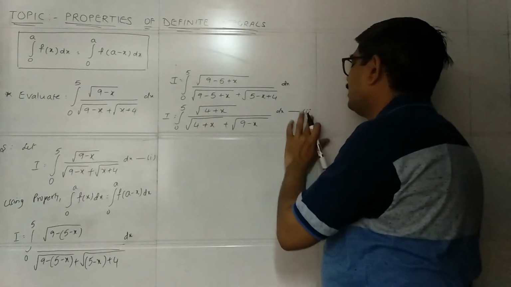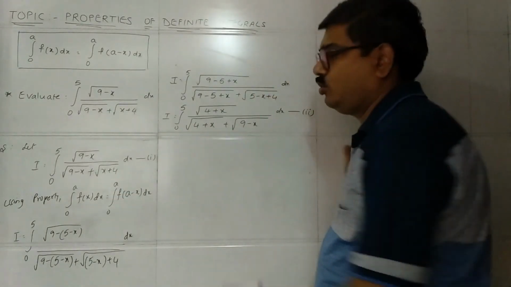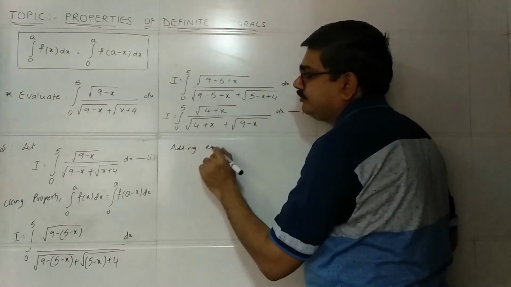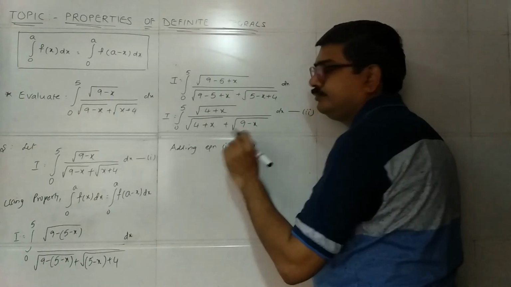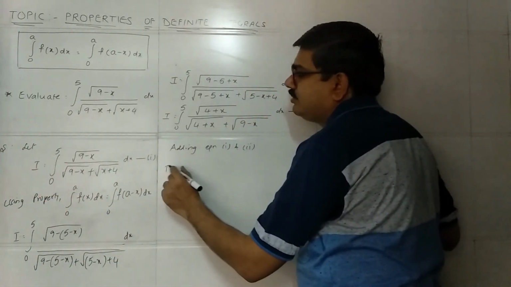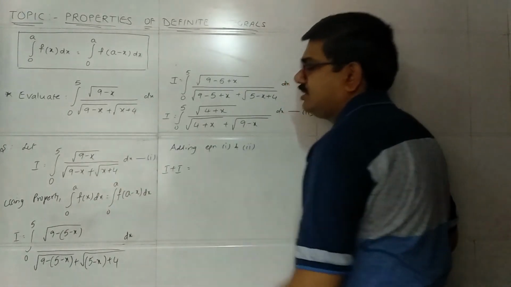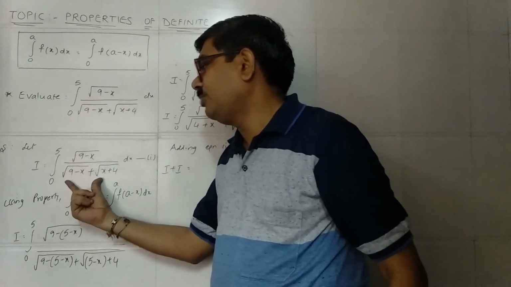After getting equation number 2, we'll add equations 1 and 2. In the LHS of both equations, I is there, so we add I plus I equal to the RHS. Before adding, let us see whether the denominator is the same.